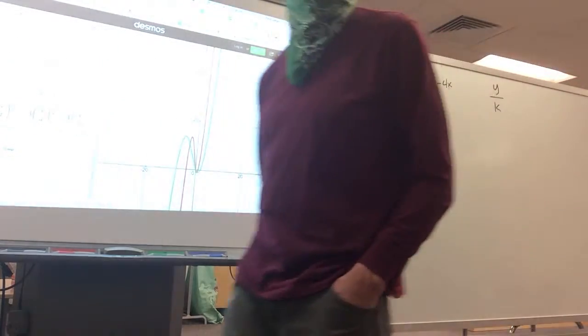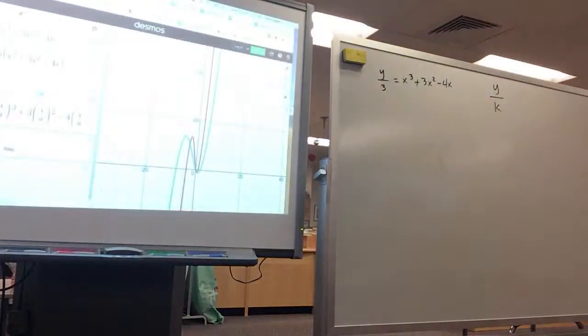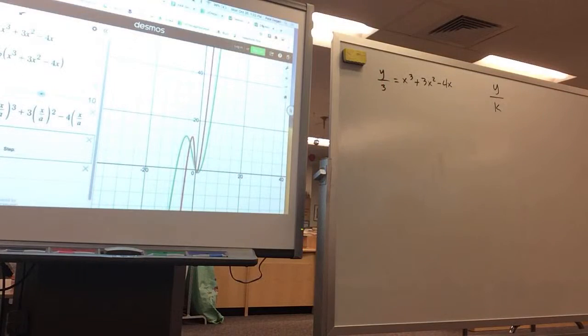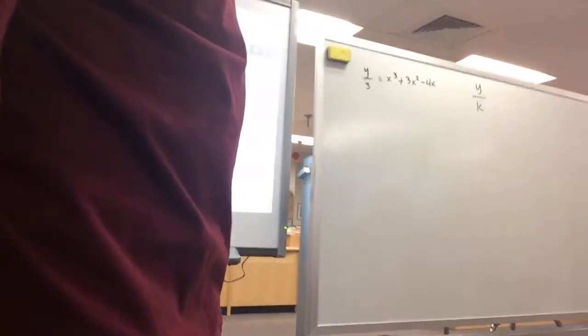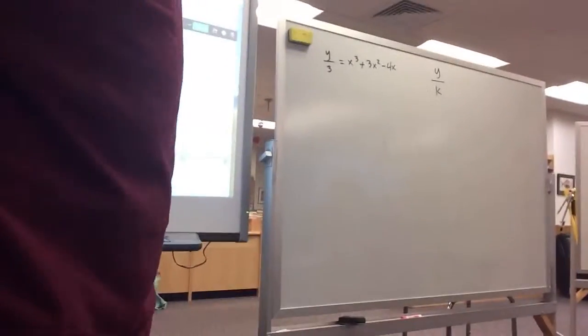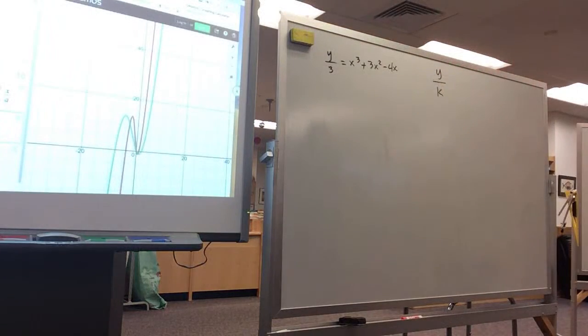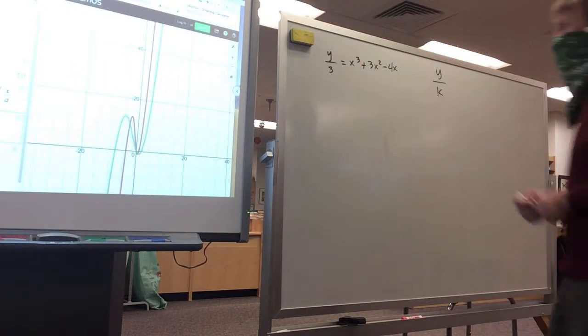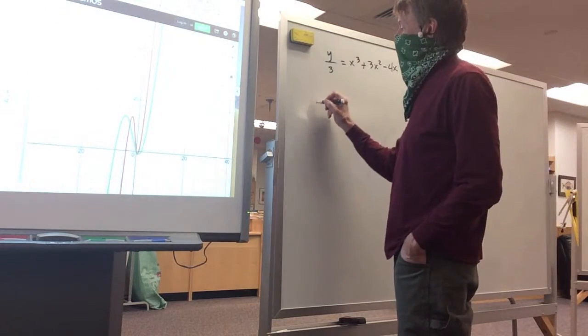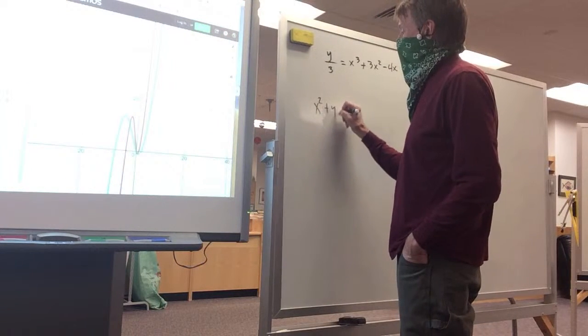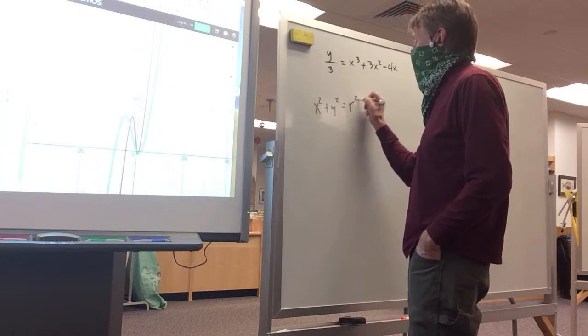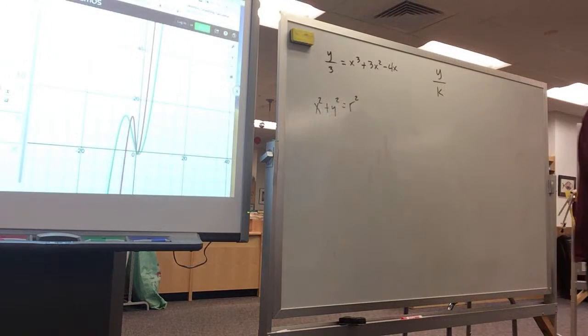So let's take this to another graph. Do you guys know the equation for a circle? It's x squared plus y squared is equal to radius squared.